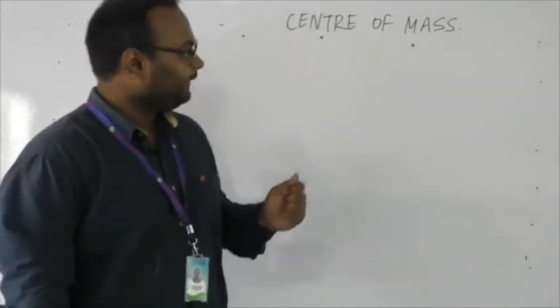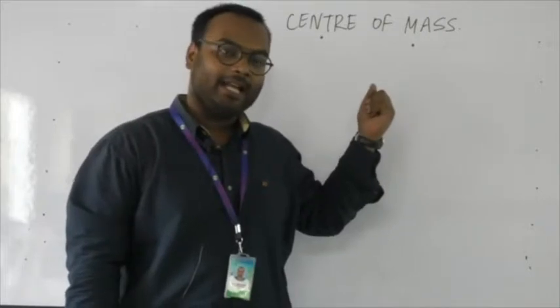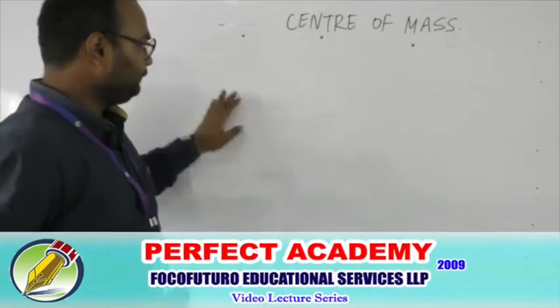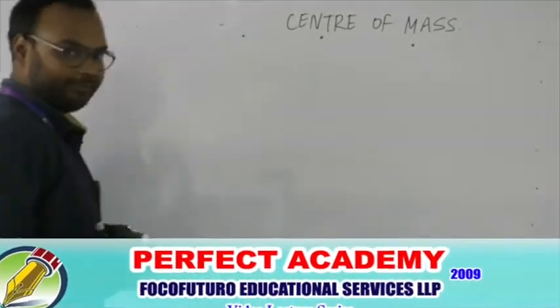So today we will be dealing with the center of mass chapter and we will go through the problems while doing this. Okay, so let's go with the first problem.